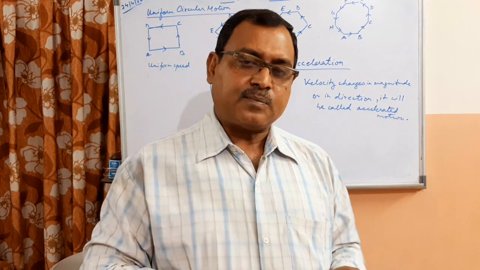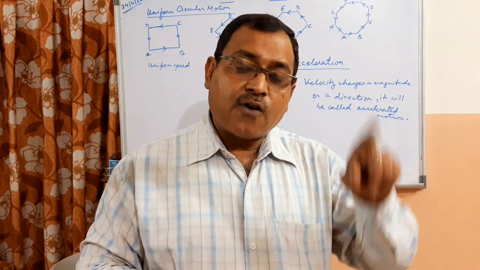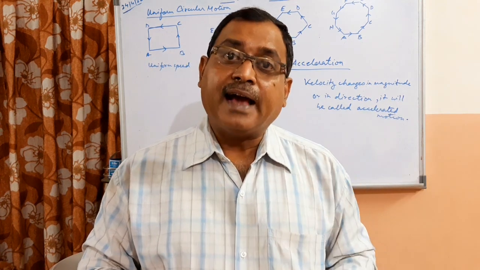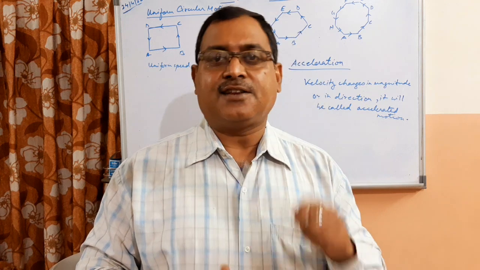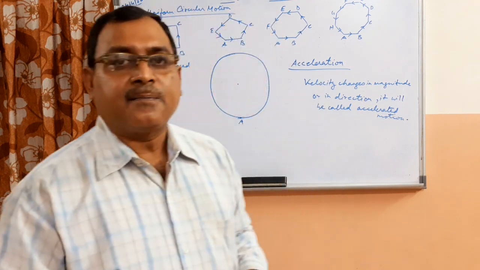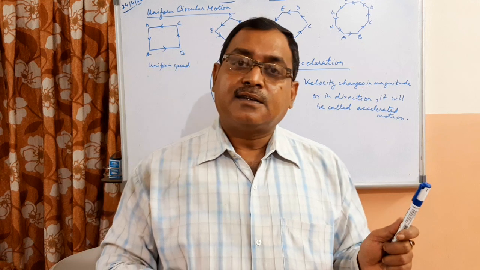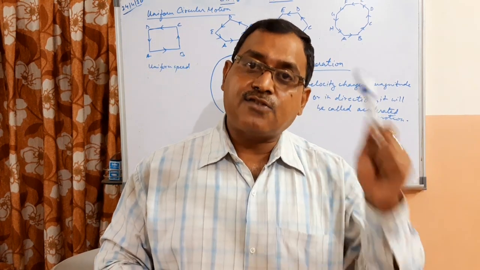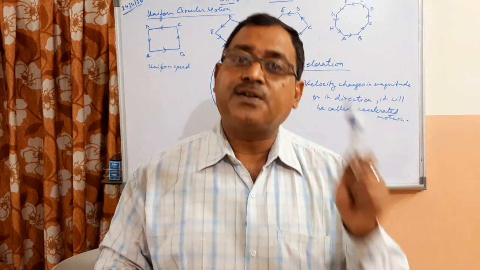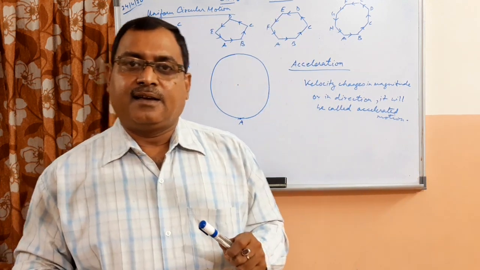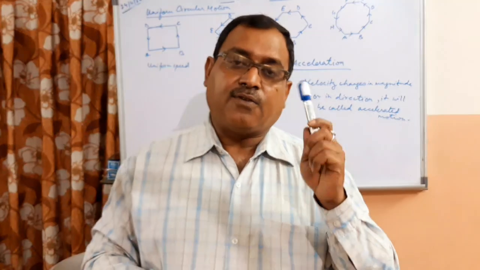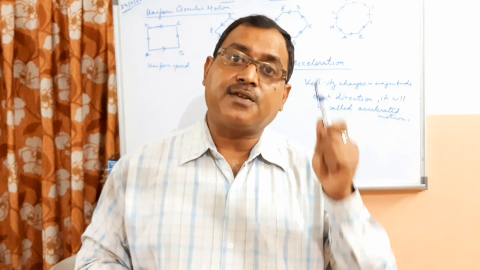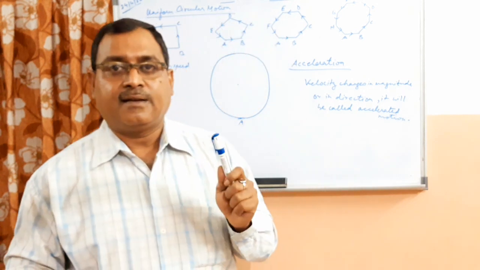Thus, in uniform circular motion, a body has acceleration in it. Maybe the velocity is constant, but since the direction is changing at every instant of its path, we will say that velocity is changing every moment because the direction is changing every moment in the circular path.